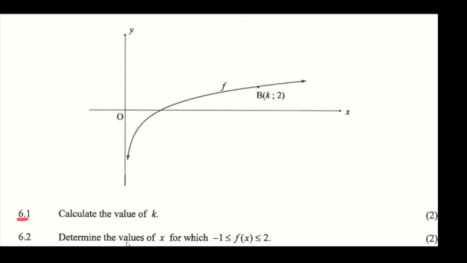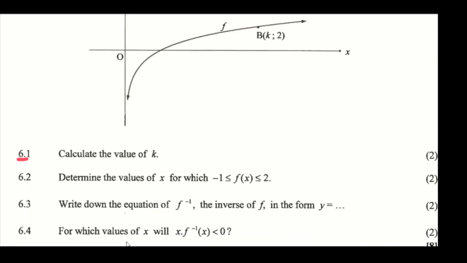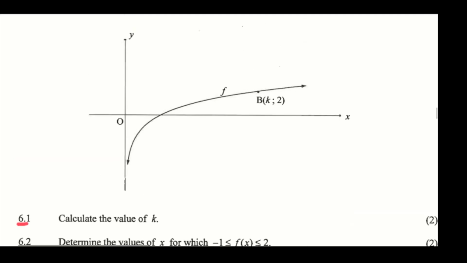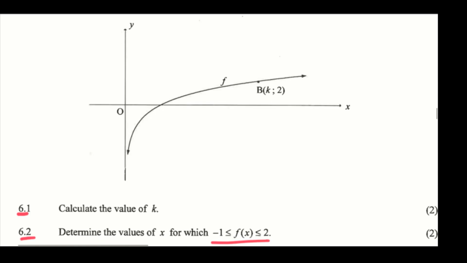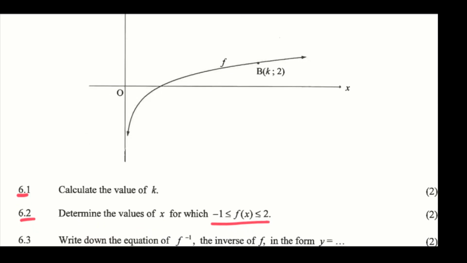So now 6.2 says that we should determine the values of x for which f of x lies between minus 1 and 2, right? Remember, in the previous question we were calculating the value of k, which tells us that k is equal to 16 here, therefore the y value is equal to 2, right?